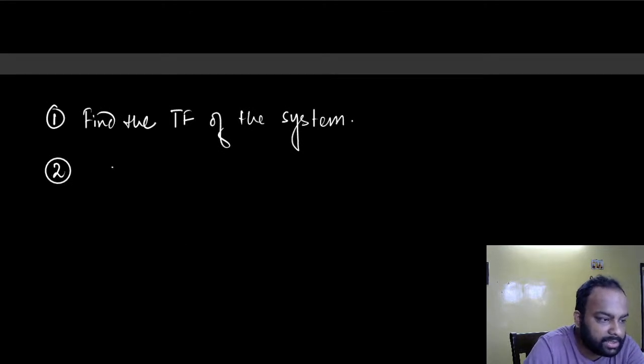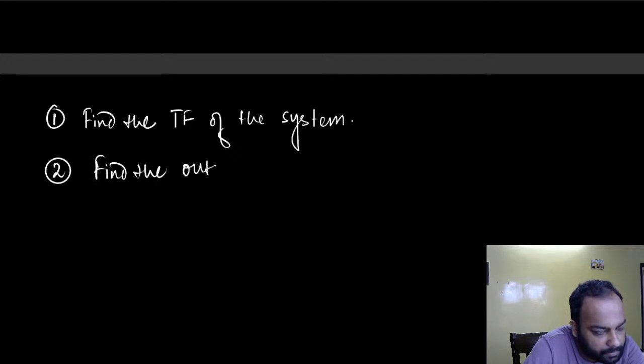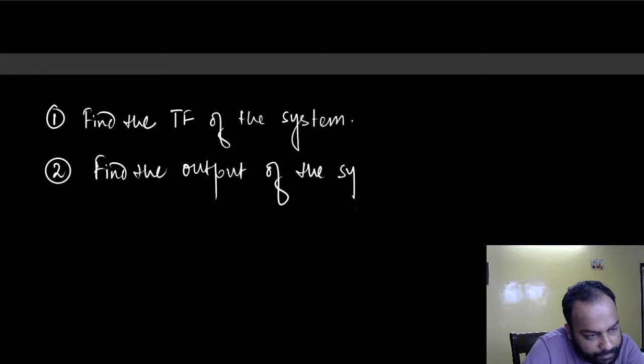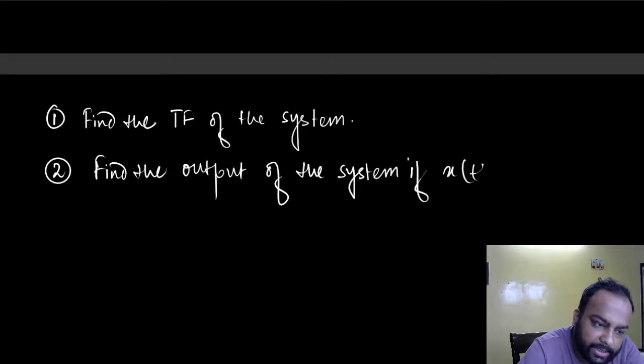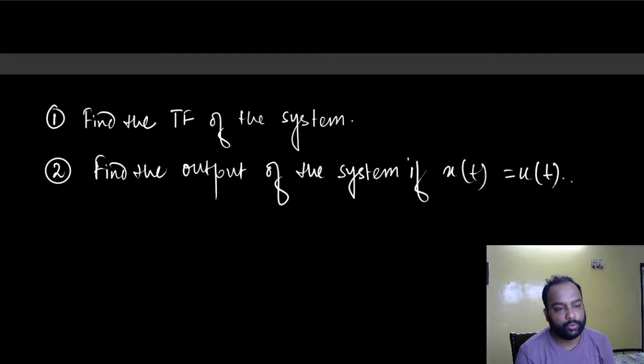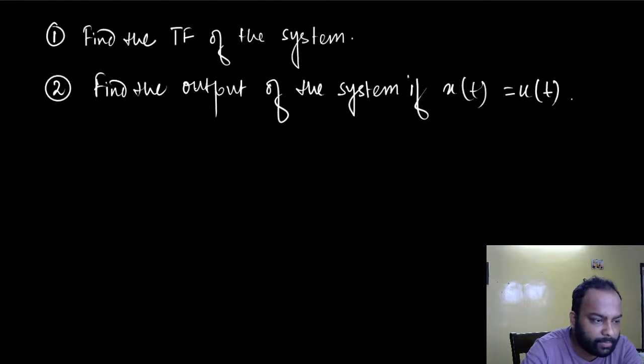Now the second problem is to find the output of the system if x(t) is equal to u(t). So if the input is a unit step, what is the output of the system? When the input is a unit step, the output is known as the step response.